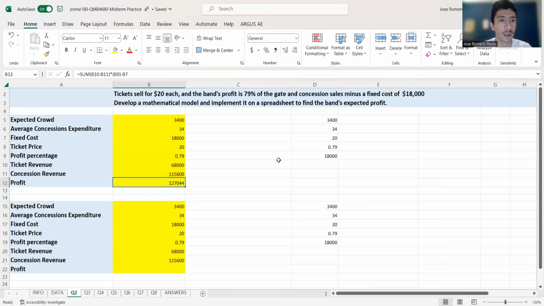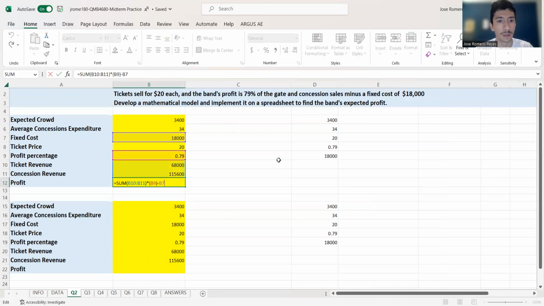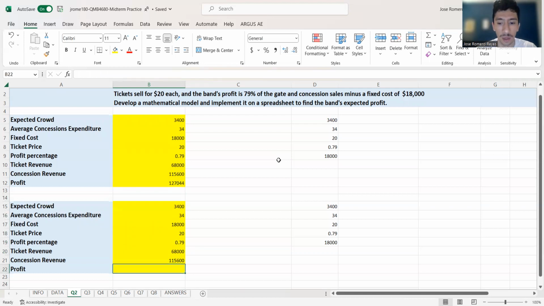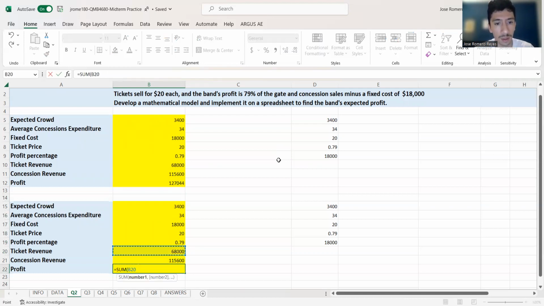And lastly, what we want to do is look at the profit. The profit is basically, sorry, it's the sum of our revenues times our profit percentage minus our fixed cost. So why does that make sense? We first get our revenues, right?